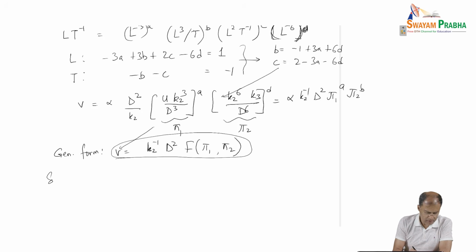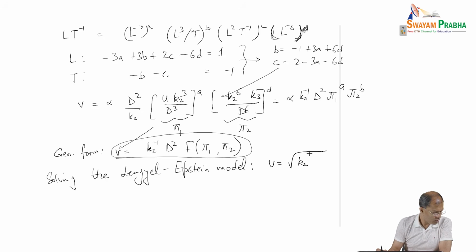So solving the Langevin-Epstein model will provide us with v is equal to square root k2 d u g of beta, where my beta is the dimensionless group k3 by u square.